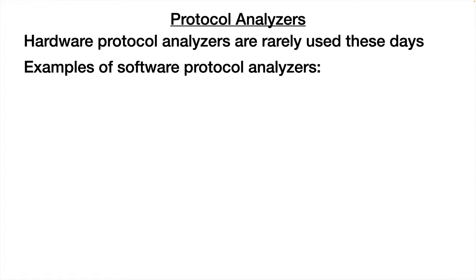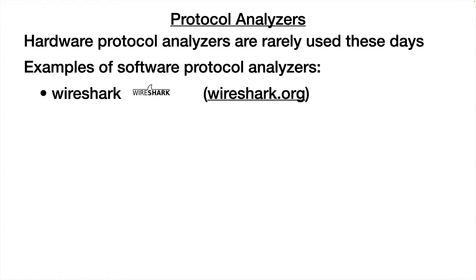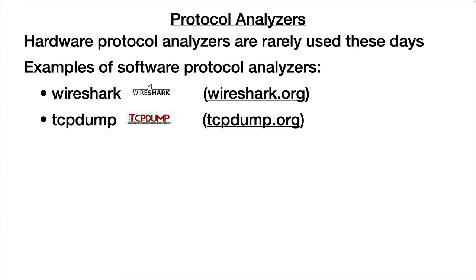Some examples of protocol analyzers are Wireshark. That's probably one of the most common ones. Information on Wireshark can be found at wireshark.org. tcpdump is a command line product, almost always installed by default on Unix and Linux machines.